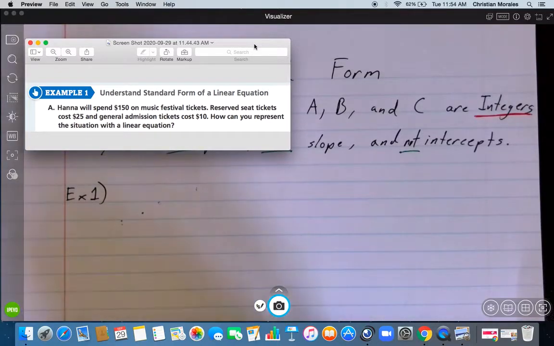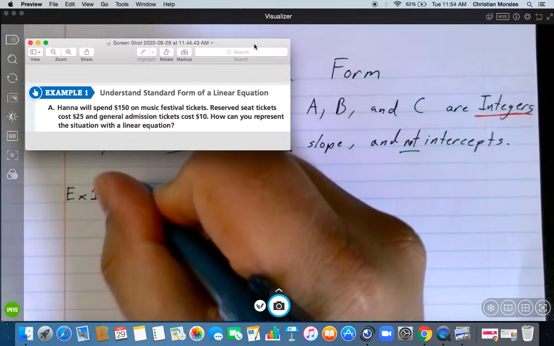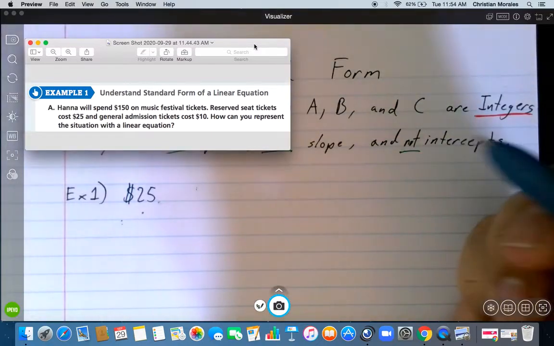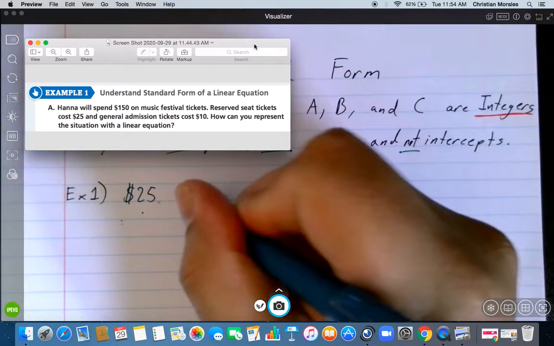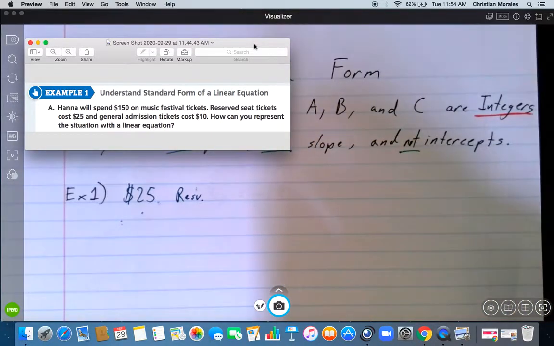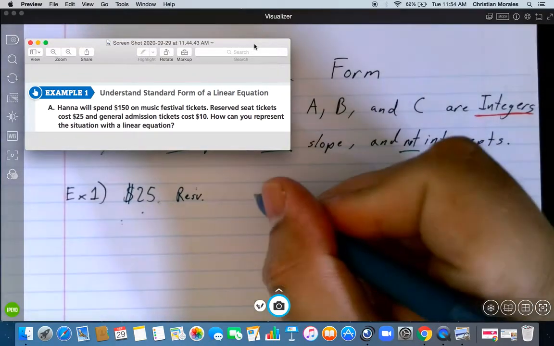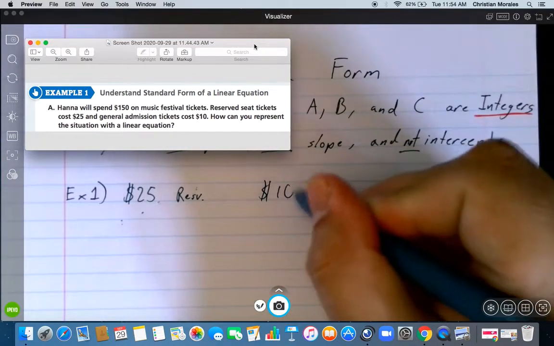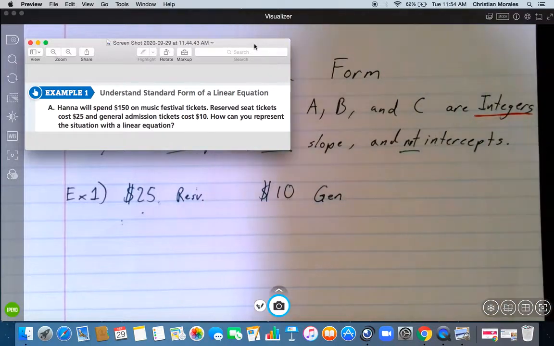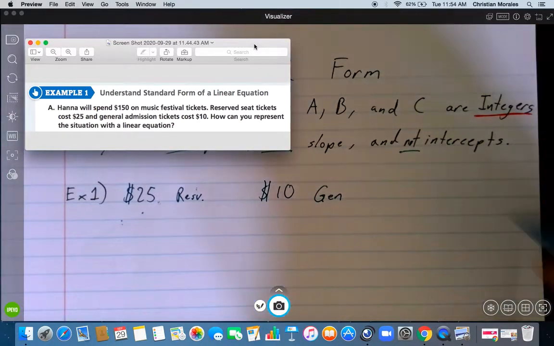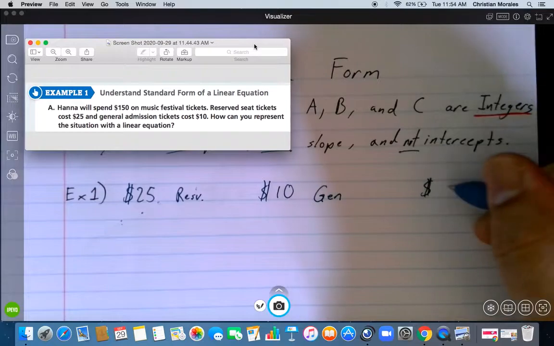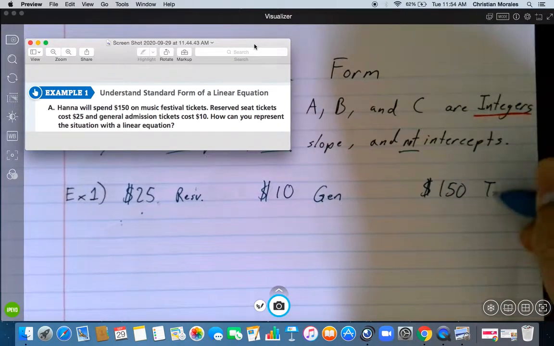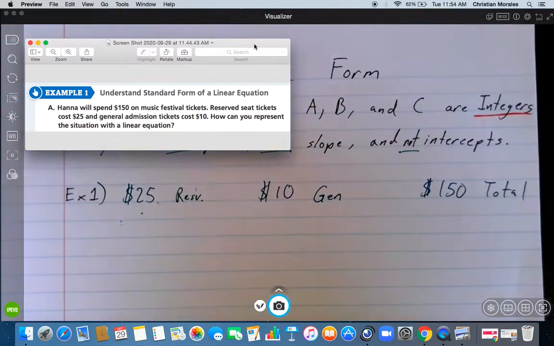Let me just write down this information. $25 is reserved, I'll put R for reserved, and $10 for general, gen. And she's going to spend a total of 150 total. So that's the information I have.